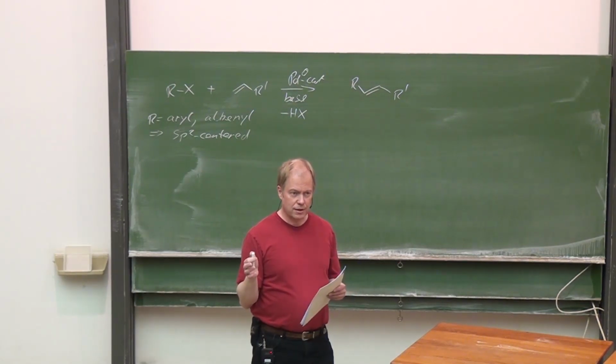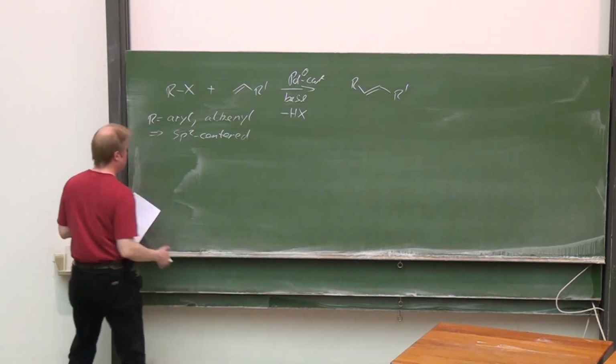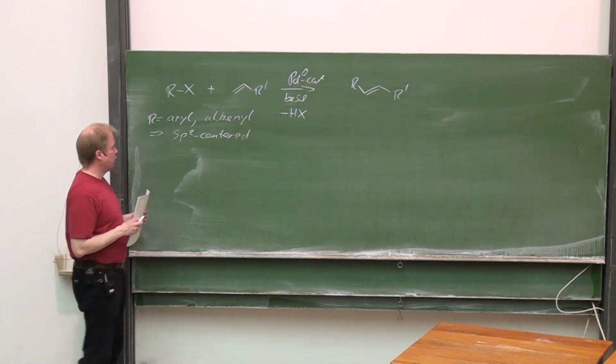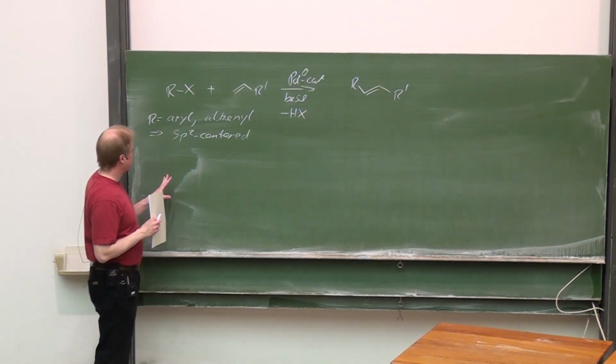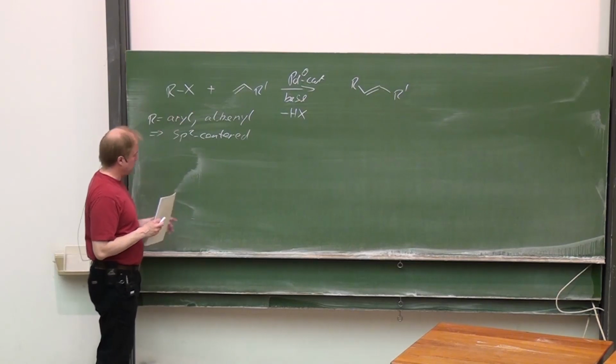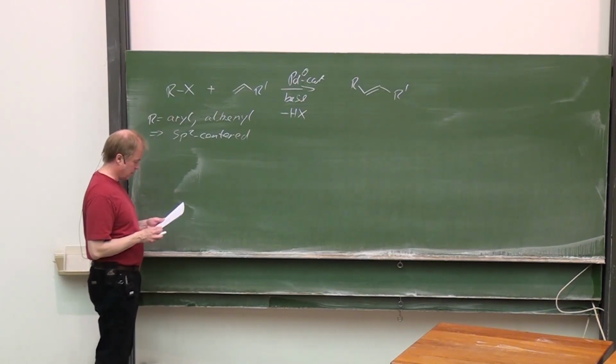Well, okay, and therefore the benzyl bromide also is consumed. So these are the reasons why we only rarely find Heck reactions with substrates with sp3 centered carbon as the site of reaction.